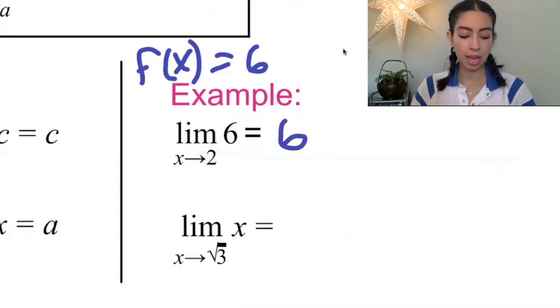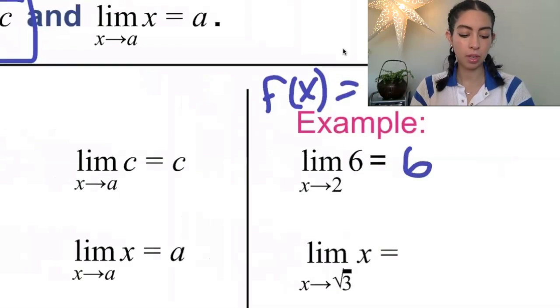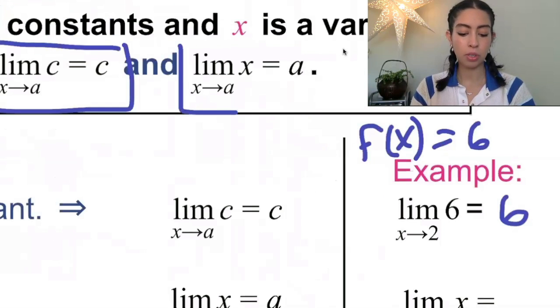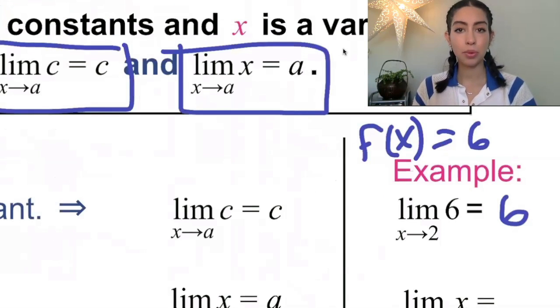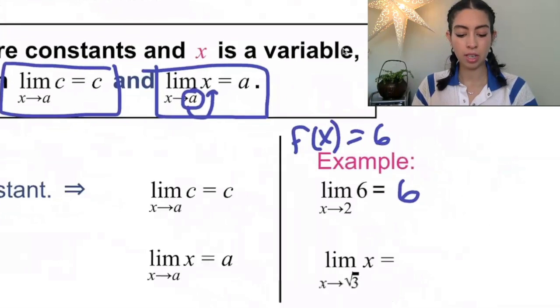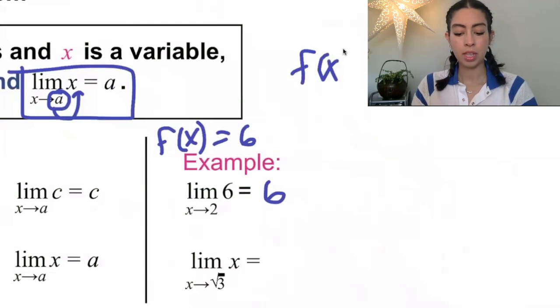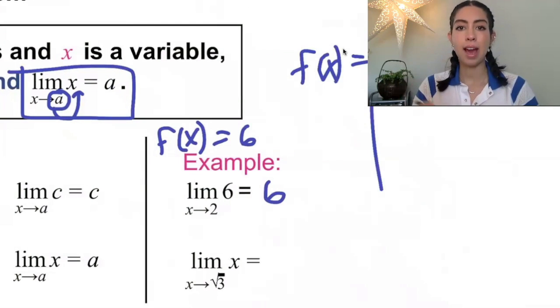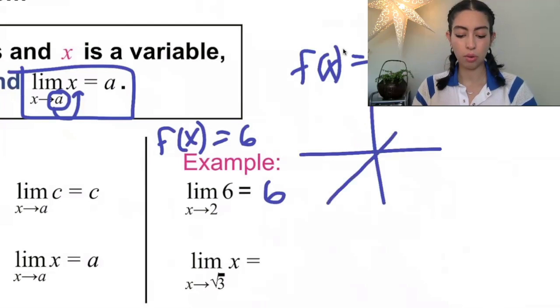And then we have the next part of the theorem, which is the limit as x approaches a of x is equal to a. So what this really implies is direct substitution. It means that whatever value we're approaching in the limit, all we really technically need to do is plug it into x. And so the function f of x equal to x is that diagonal line that goes through the origin.